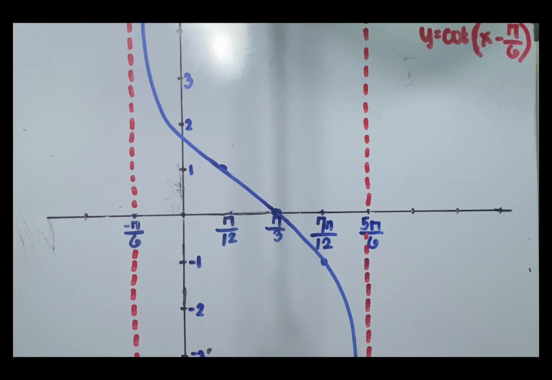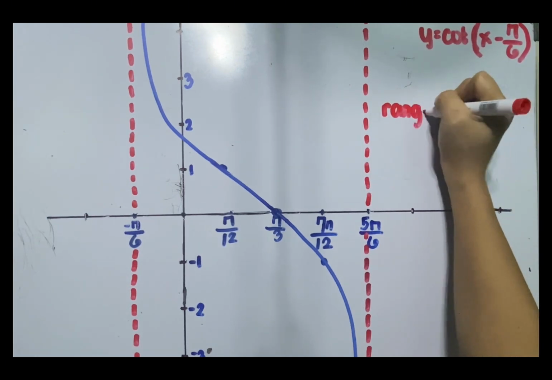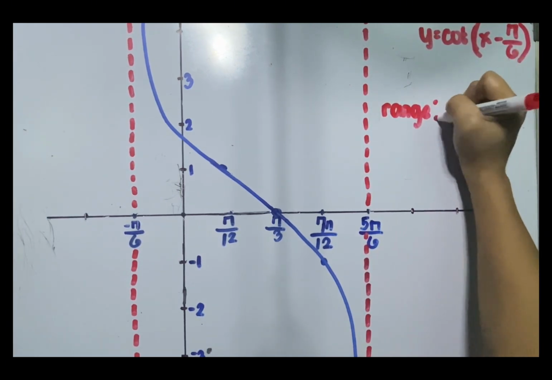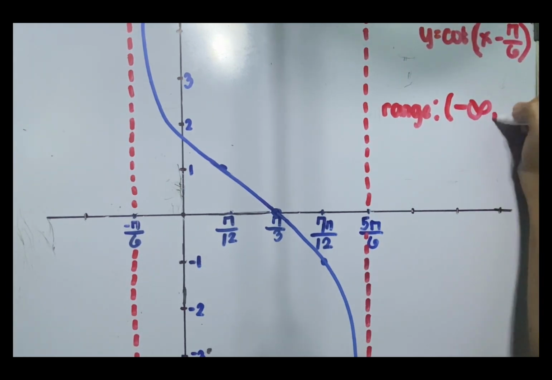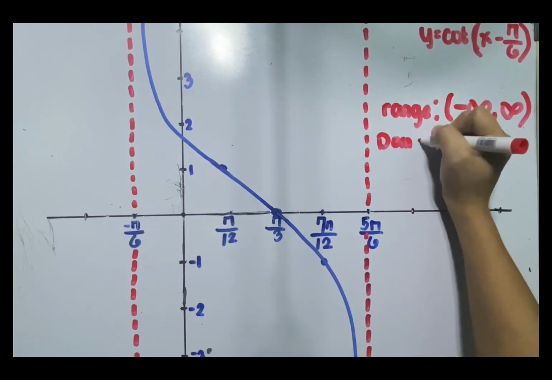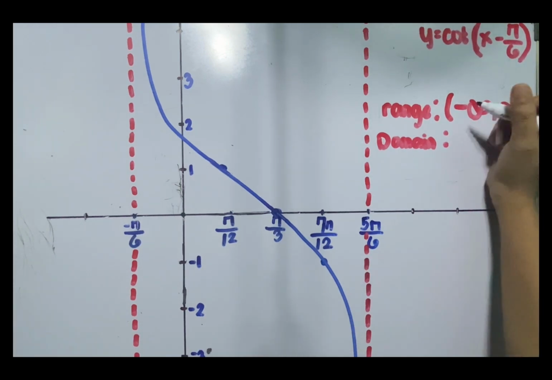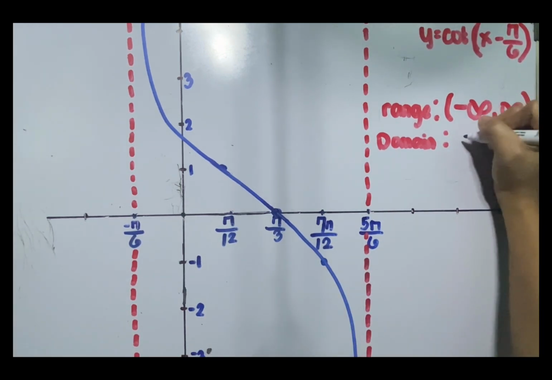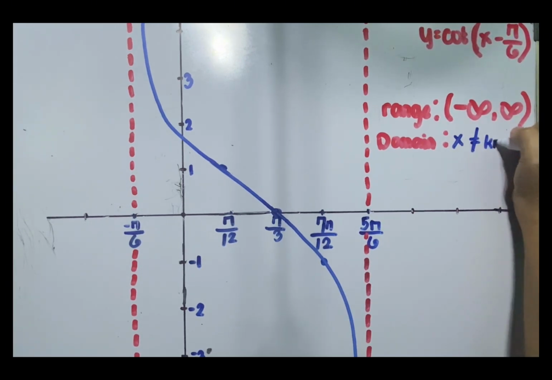Now we have our perfect curve. And now let's do the range and domain. For our range, we have negative infinity to positive infinity, and for our domain, we have all real numbers except k pi minus pi over 6.